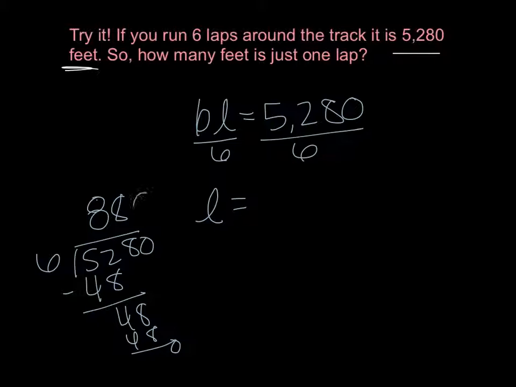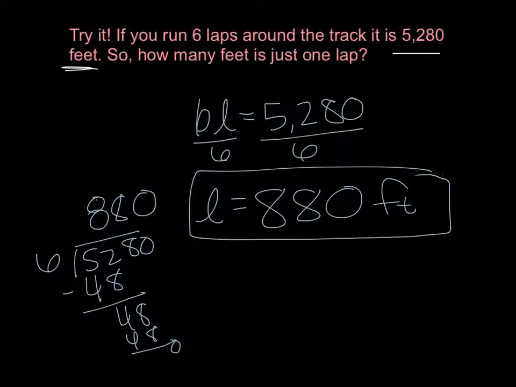And then 0, I do need to put my placeholder up there. So each lap equals 880 feet. Make sure you don't leave the 0 off. It's very important that you carry that up there because 88 feet would not be enough because 88 times 6 would not give us 5,000. It does have to be 880, so make sure you have that placeholder.